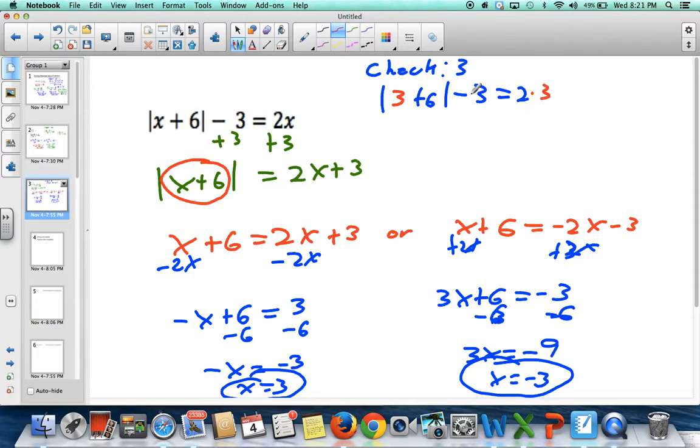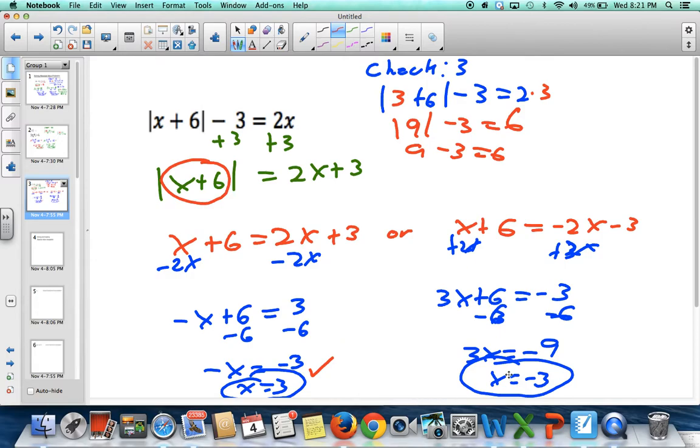Inside the absolute value, that's the absolute value of 9 minus 3 equals 2 times 3 is 6. So 9 minus 3 equals 6. That checks out. So 3 is a solution.